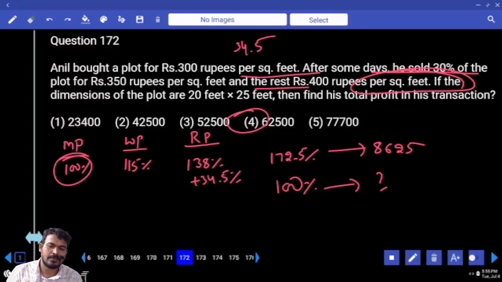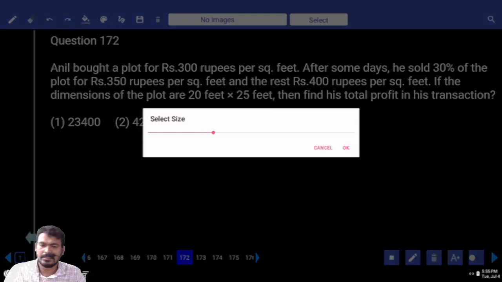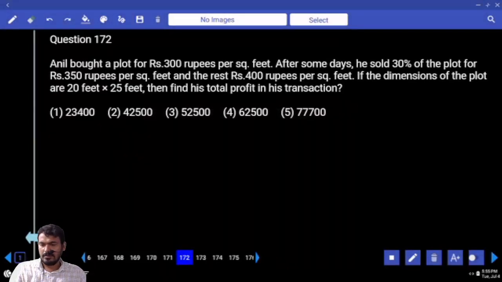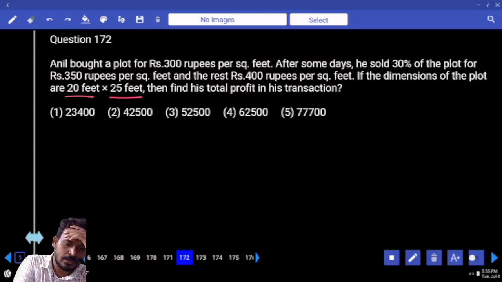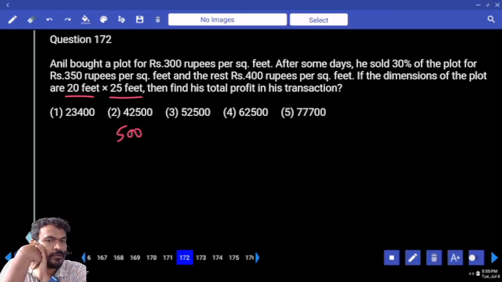If the dimensions of the plot are 20 feet and 25 feet, find his total profit in this transaction. First of all, what are the plot measurements? 20 feet, 25 feet. What is the area? Length into breadth, 20 into 25, is 500 square feet. That is the total area.